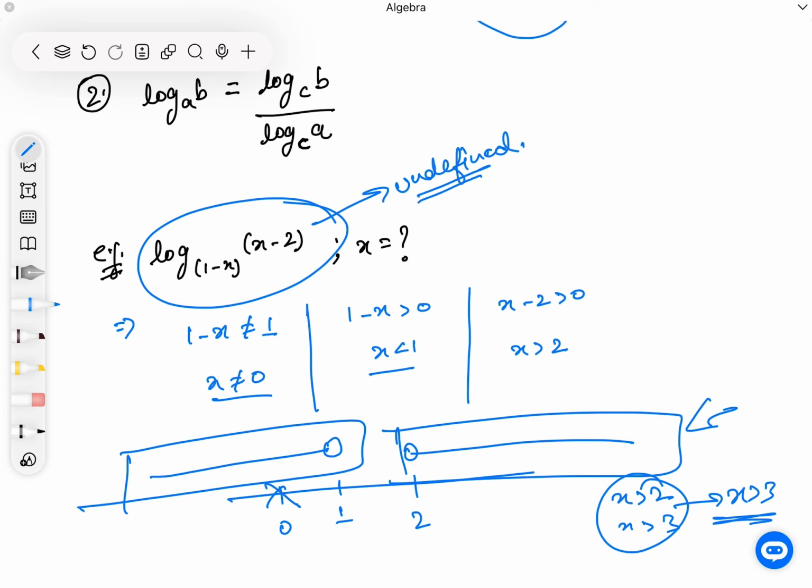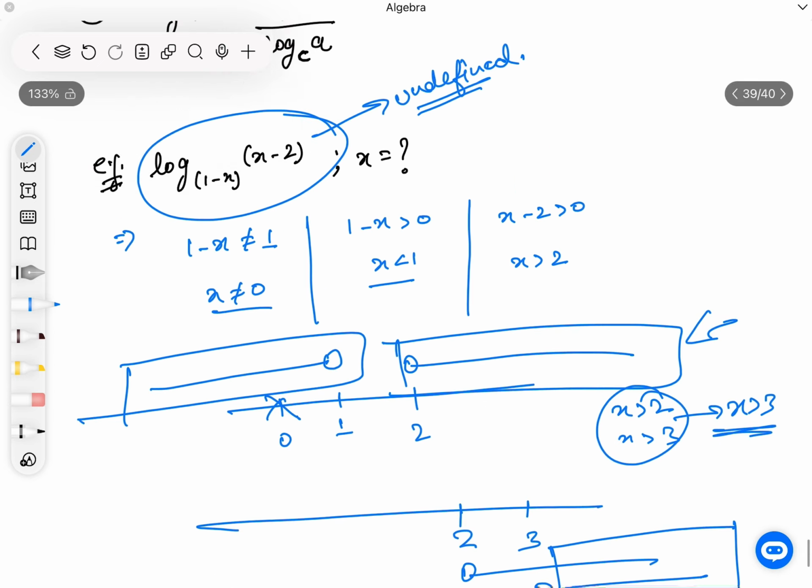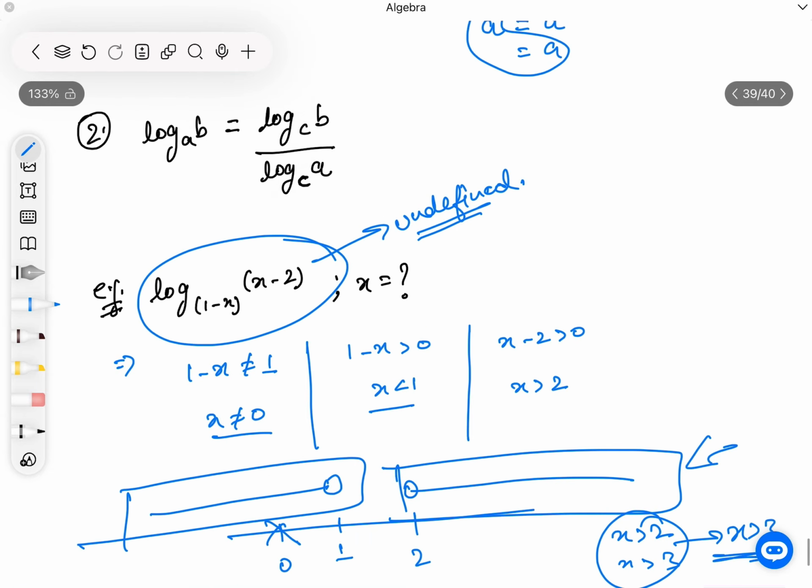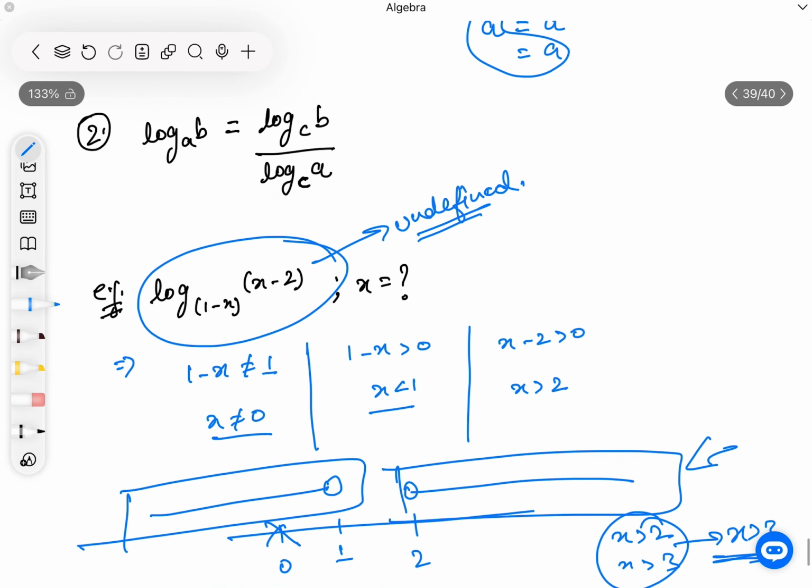Right? This is exactly opposite to what we were trying to see. The same reason that we saw that it cannot be negative. So here also x doesn't satisfy any value for which this can be defined. You can put some value, let's say we put 3. Okay, so this would be log of 1 with the base of minus 2.